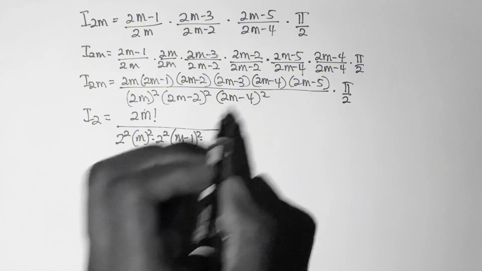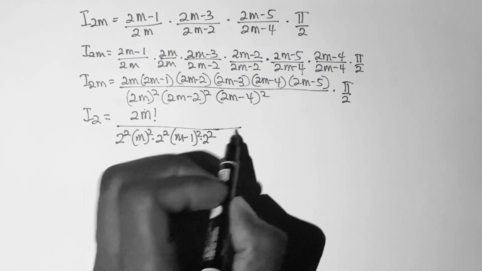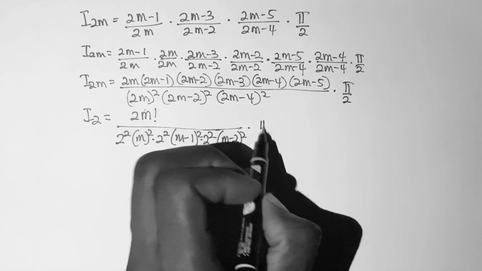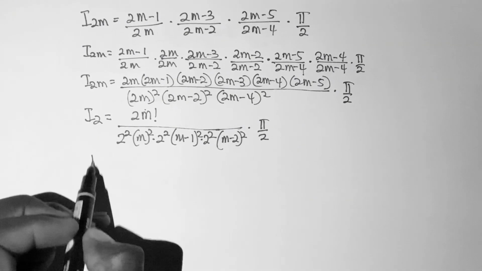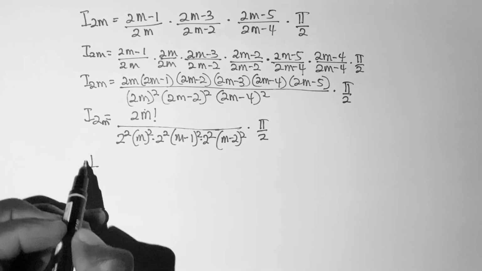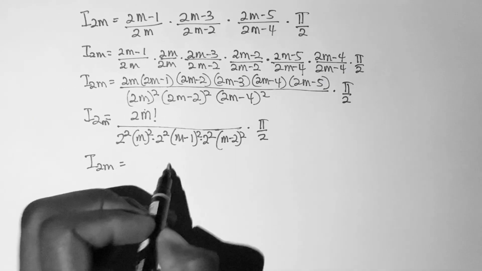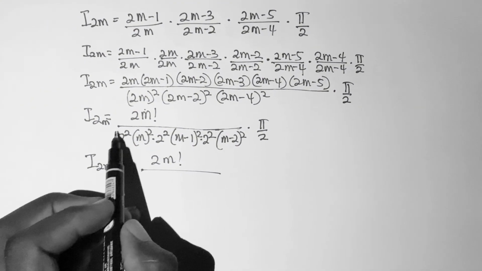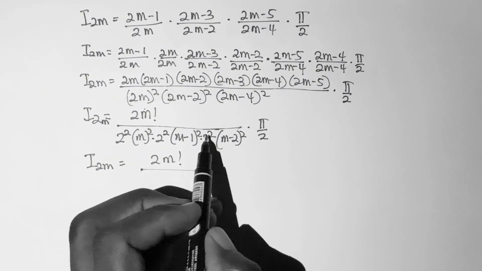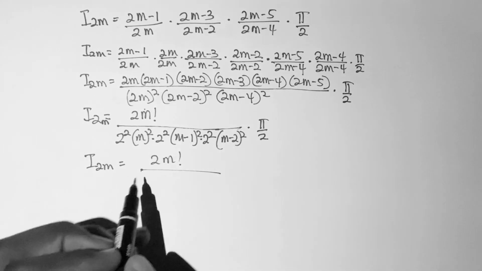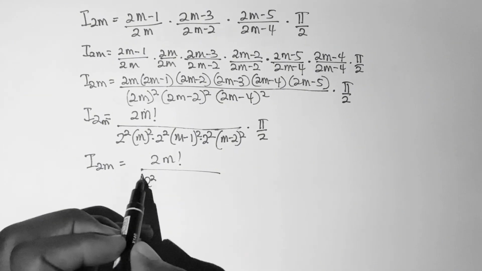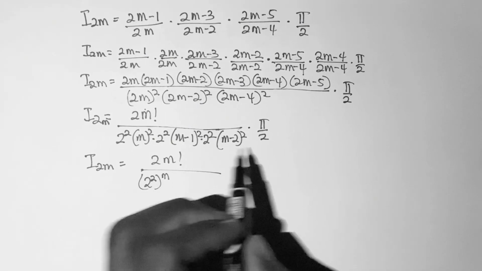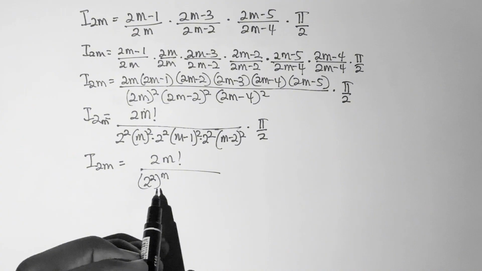Then if you pull out 2 in this case too, it becomes 2 squared, then times m minus 2 squared, then times pi over 2. So I of 2m is equal to 2m factorial divided by, now you can see that this 2 squared will keep repeating itself for m times, and therefore here is 2 squared exponent m. Then here's m minus 1, m minus 2, so that's m factorial.